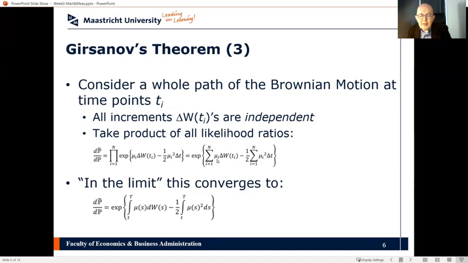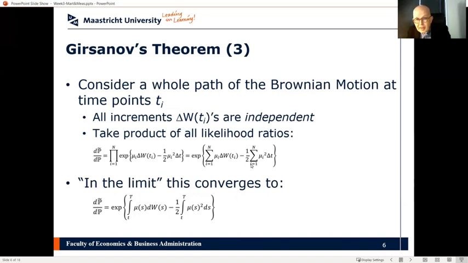So now I'm summing mu against delta w, and here I'm just summing mu squared against delta t. And again, proof by hand waving, if we let the step size delta t become smaller and smaller, this first summation, mu against delta w, becomes a stochastic integral.